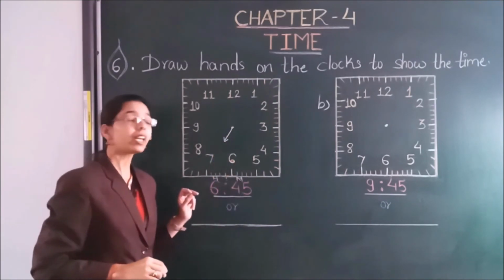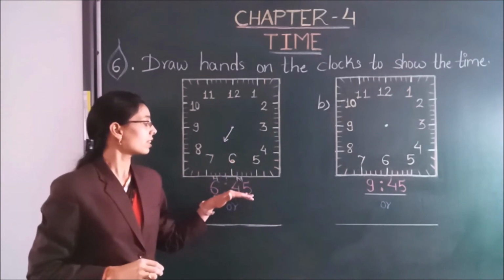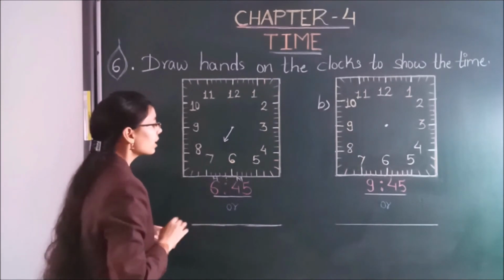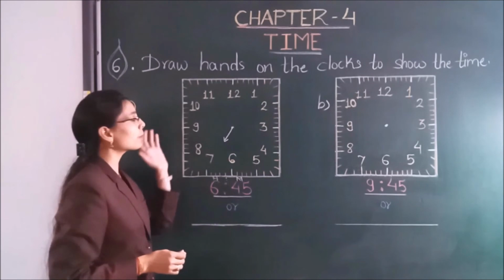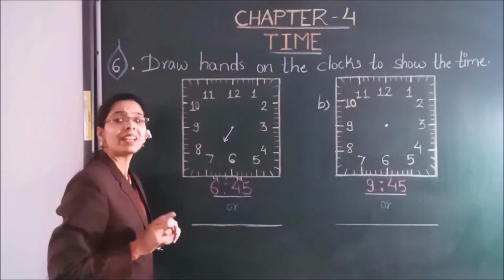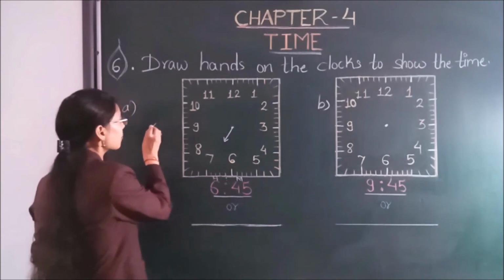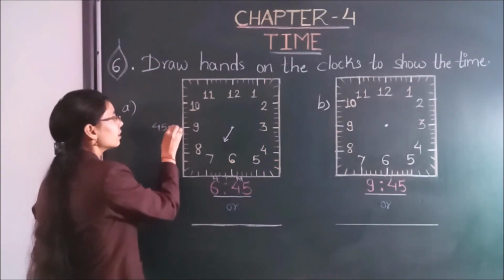Hour hand. Okay, then minutes. How many minutes are there? 45. Okay, so where will 45 minutes be? When the minute hand is at 9, it shows 45 minutes here.